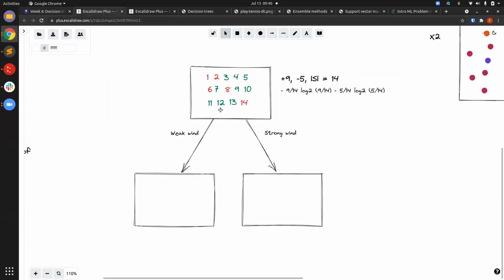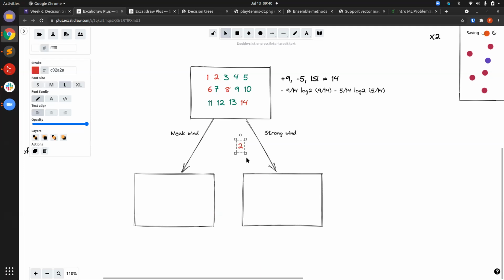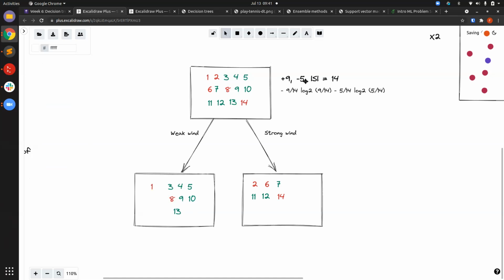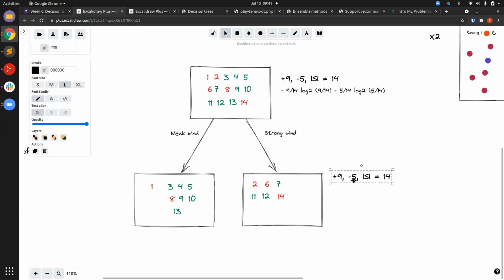So let's take day 2, put it in the strong wind branch, day 6, day 7, day 11, 12, and 14. All end up in the strong wind branch. And the rest of the days end up in the weak wind branch. In the weak wind branch, I have 1, 3, 4, 5, 8, 9, 10, 13. Let's compute the entropy for each of these.